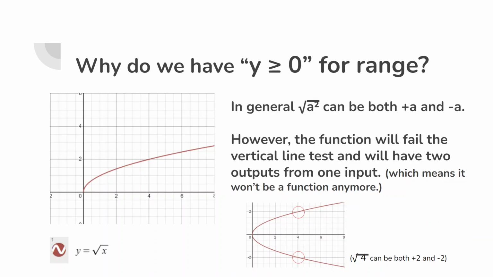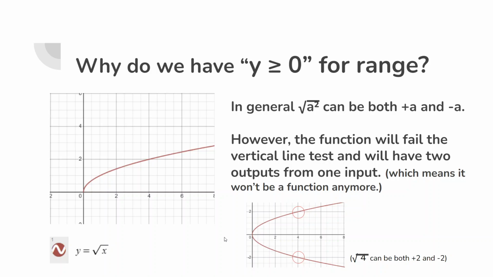Now we're going to look for its range. In general, the square root of a squared can be both positive and negative a. For example, square root of 4 can be both positive 2 and negative 2. However, the function will fail the vertical line test and will have 2 outputs from one input.